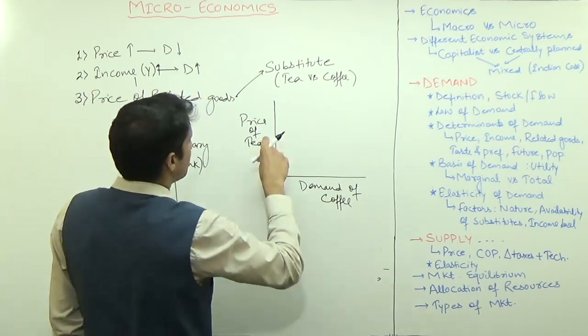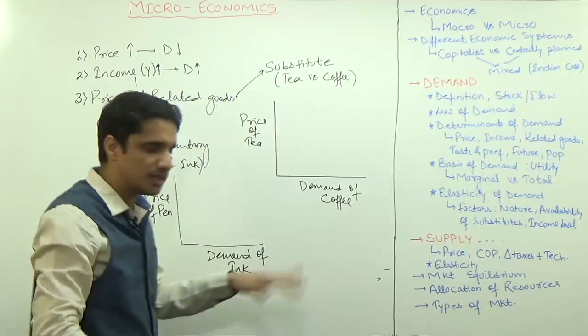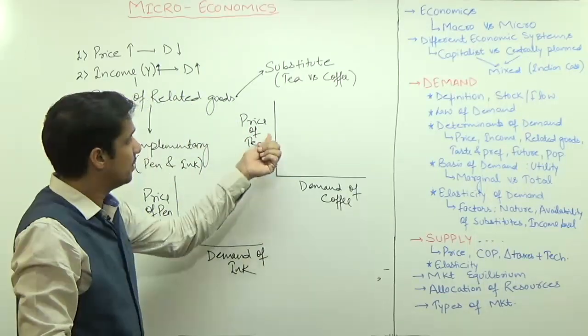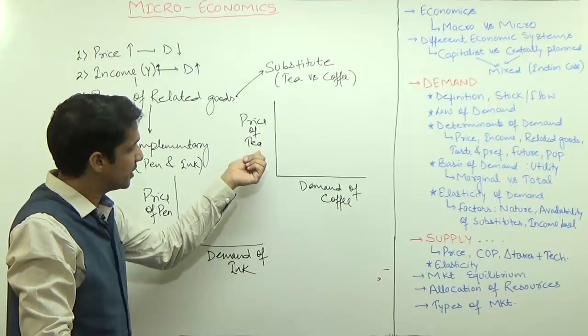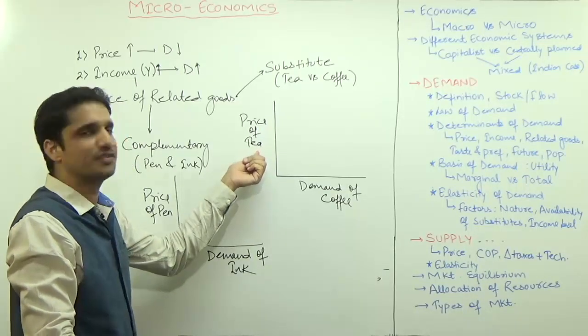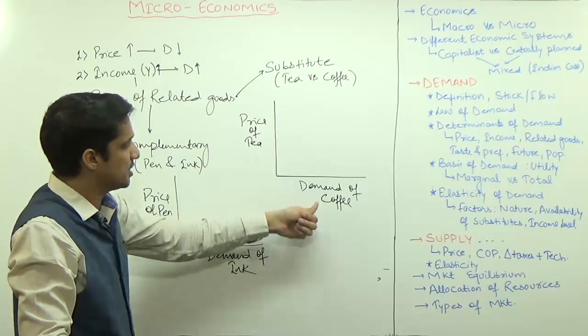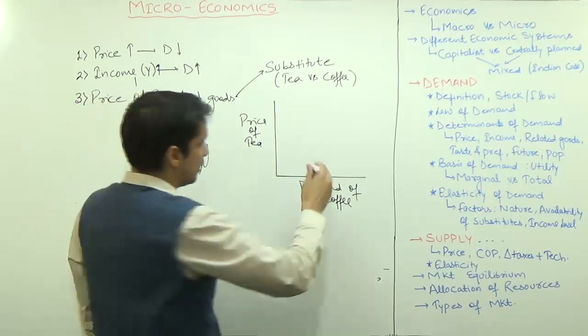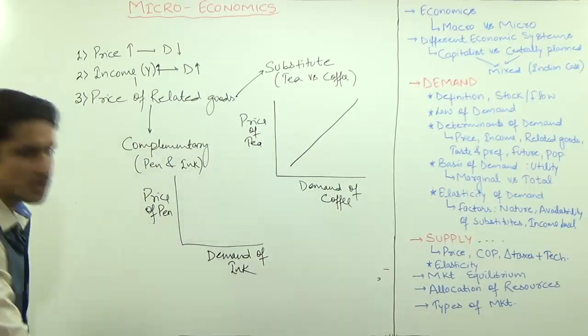So price of tea is there. When the price of tea increases, it means the demand of tea will decrease, and when the demand of tea decreases, the demand of coffee will increase. It means when the price of tea is increasing, the demand of coffee will increase. This is what the substitute is.